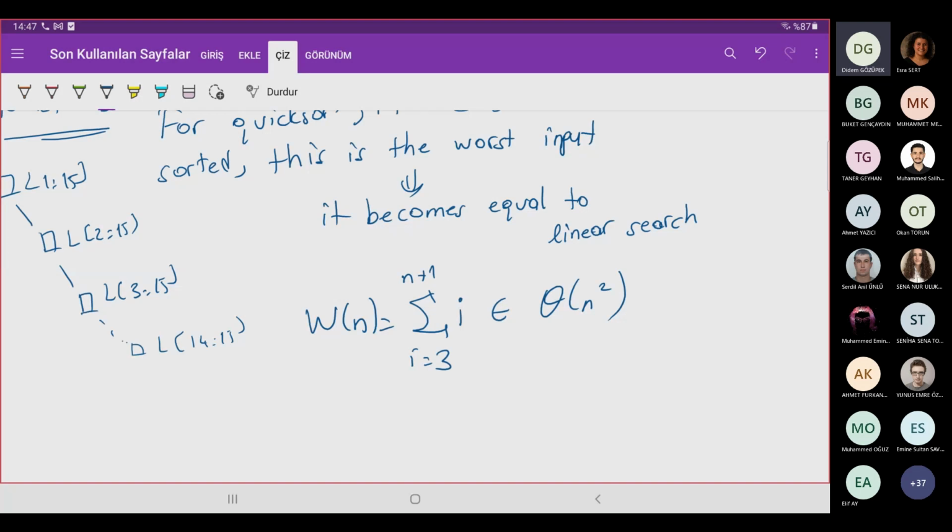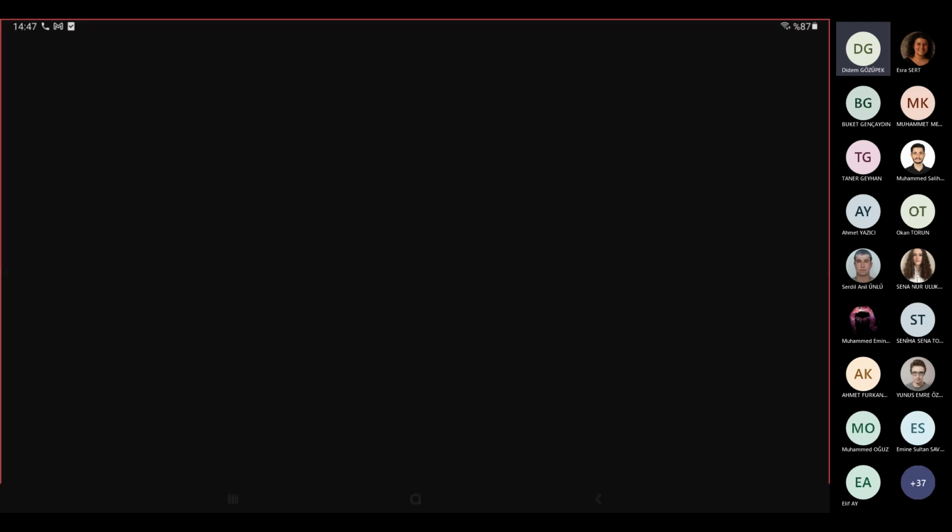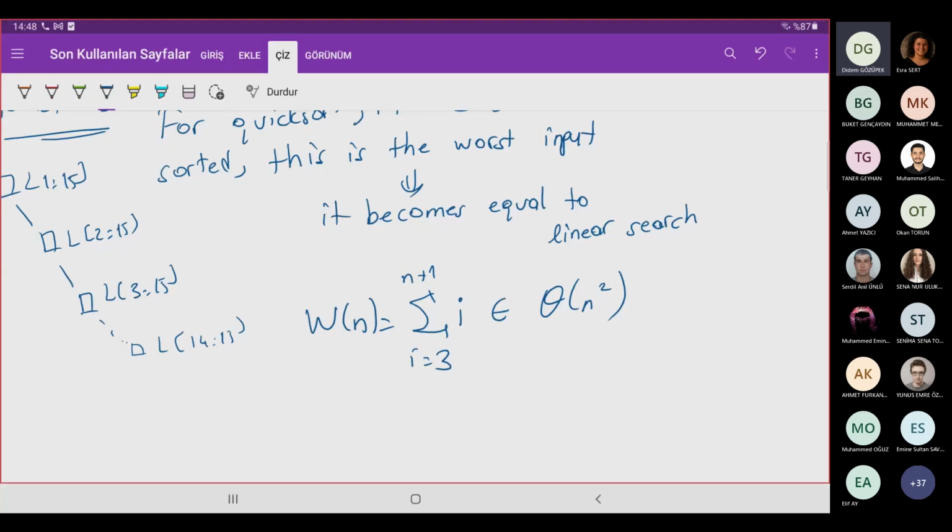We can use the method of counting the number of inversions, which can be done in linear time, I don't remember exactly, I think n log n time. Yes, in n log n time we can count the number of inversions.